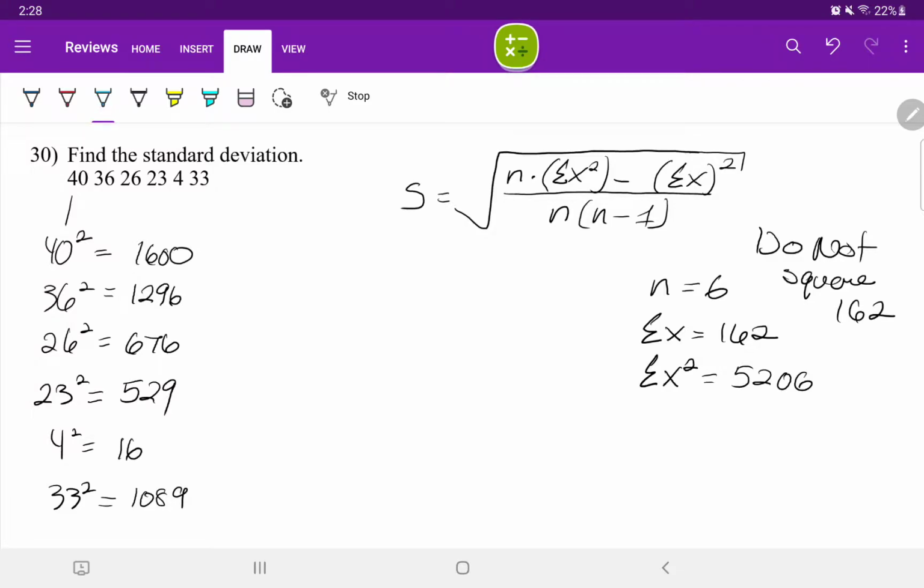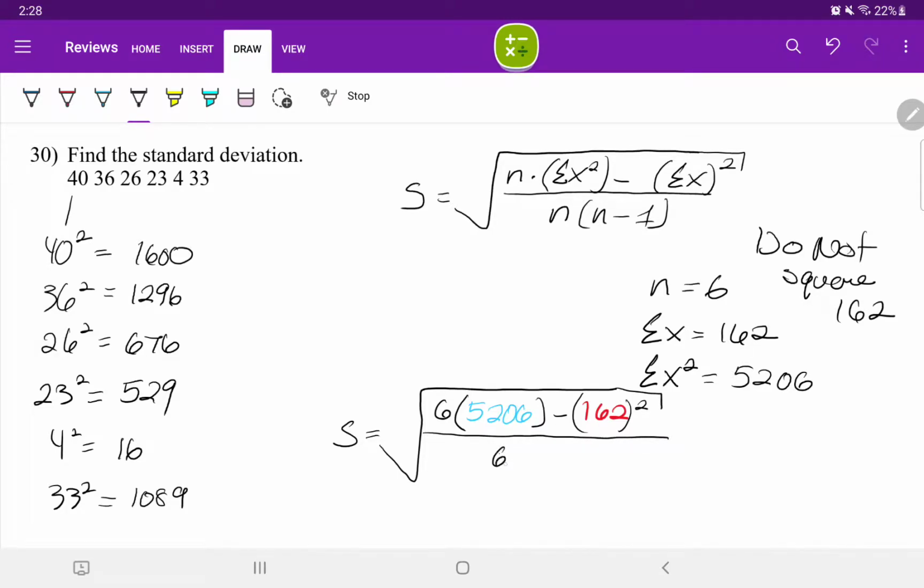All right. Now let's plug it into our formula. S is equal to the square root of, that's going to be 6 times 5,206 minus 162 being squared, divided by 6 times 6 minus 1.